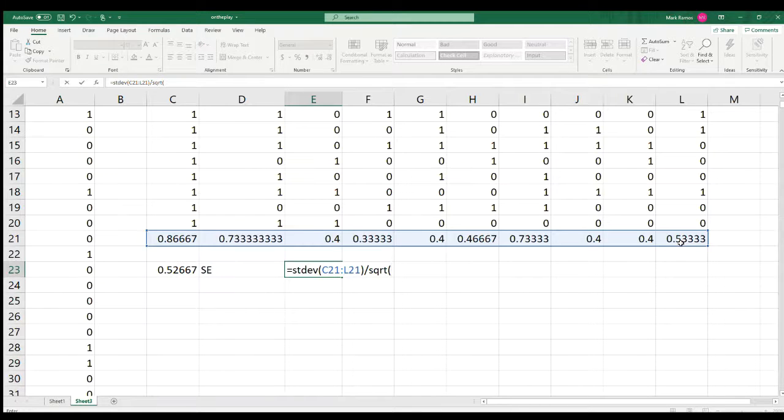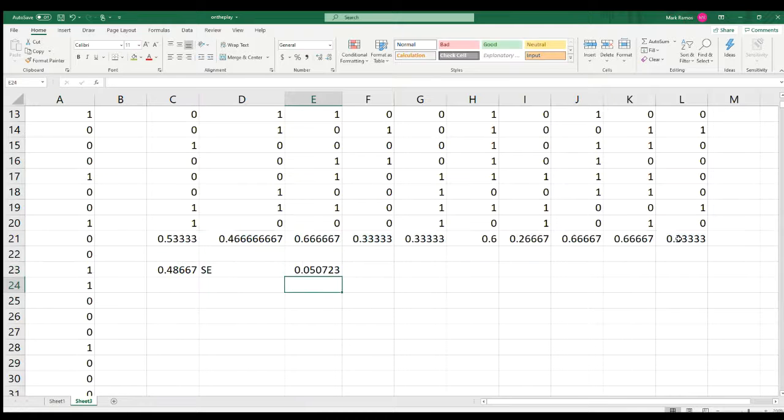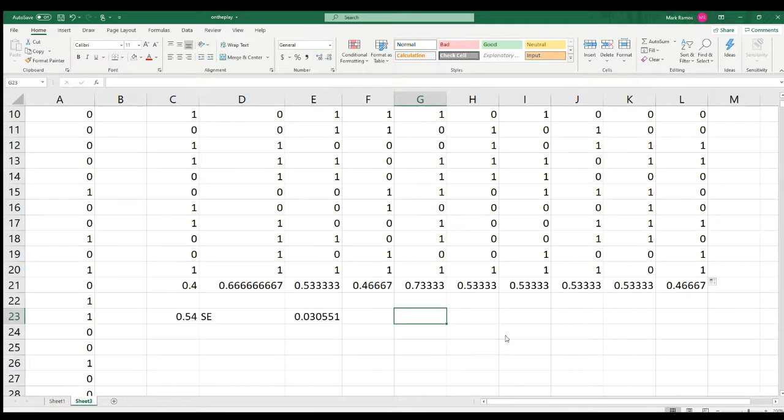So the sample size here is not 15, but it's the number of numbers that we have here. So 10, but I'm just going to use count. There. Okay, so that is the standard deviation.